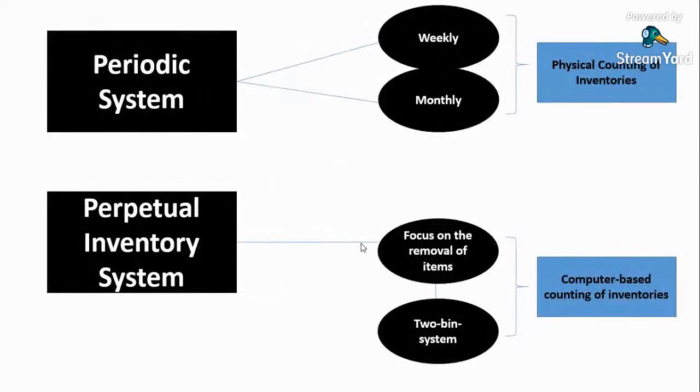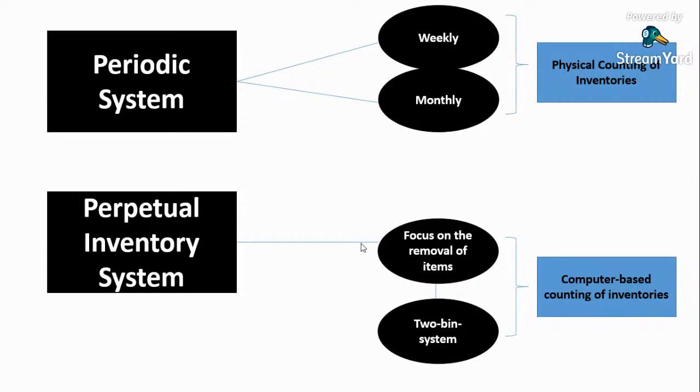Let's discuss the different classification system. So we have periodic system and we have perpetual inventory system. So using this illustration, we can easily identify the difference between the two systems. Kapag sinabi natin periodic system, so we have weekly and we have monthly.